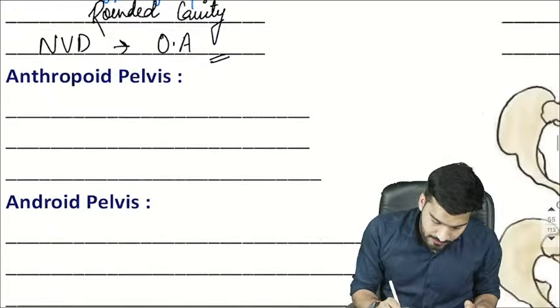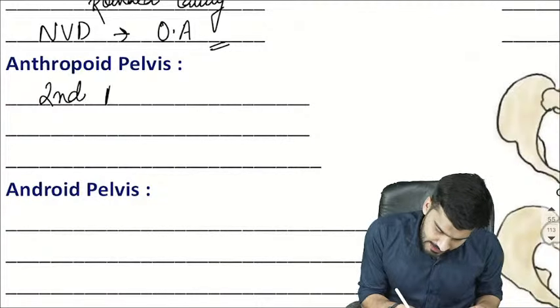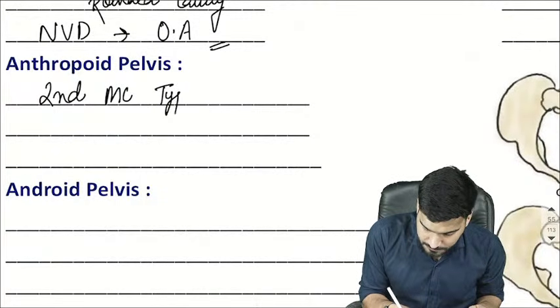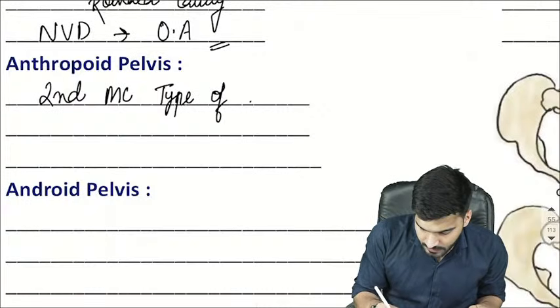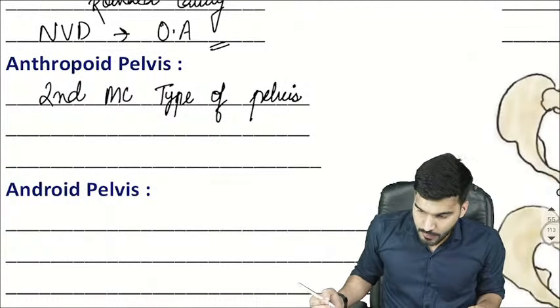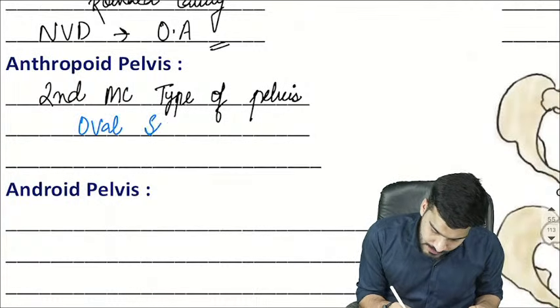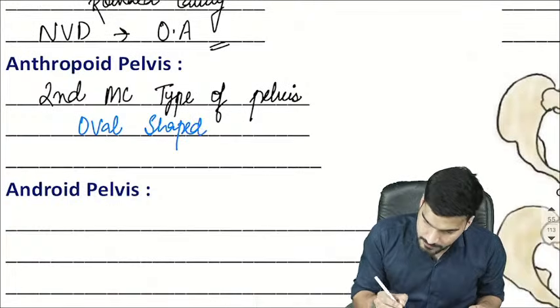Number two, the anthropoid pelvis. As we just discussed, this is going to be the second most common type of pelvis. The shape of the pelvis is going to be oval.